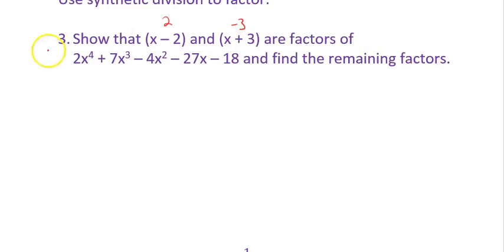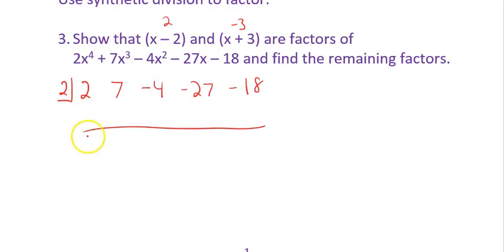and find those remaining factors a different way. So I'm going to start with the 2, and I'm going to do synthetic division, and I'm not missing anything, so I'll just use these coefficients. And so I bring down my 2, multiply, get 4, add and get 11, multiply and get 22.